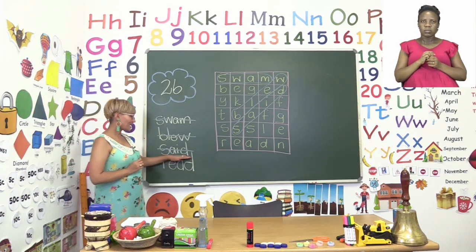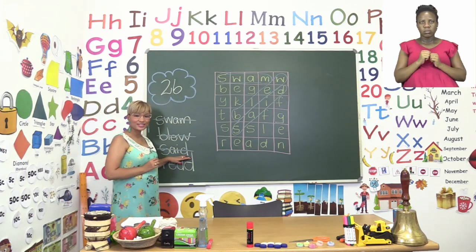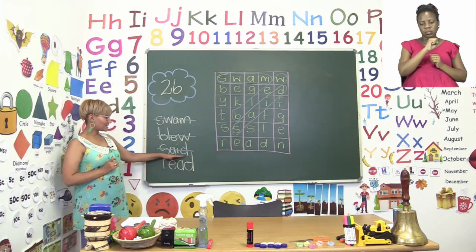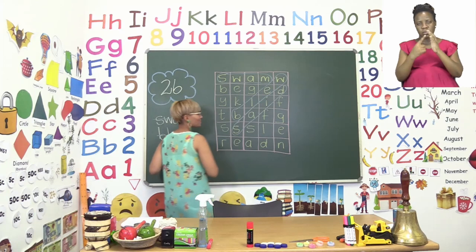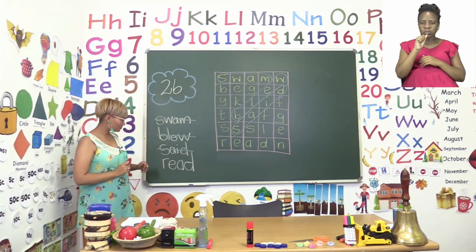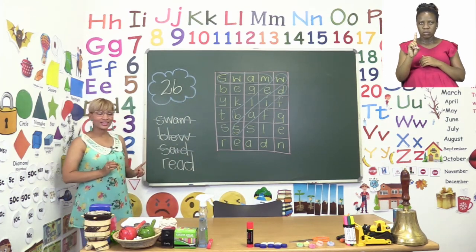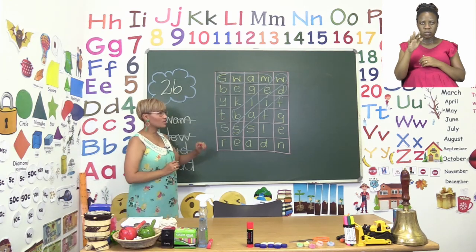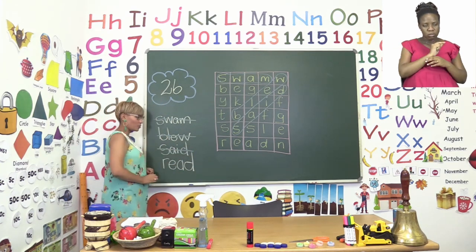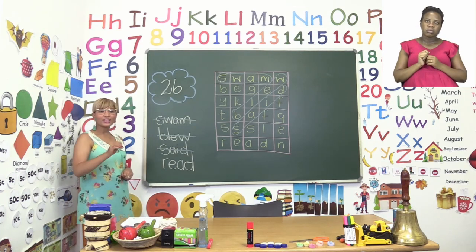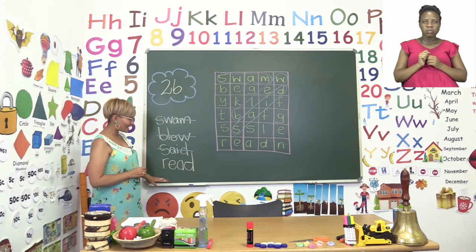Also, the next word is the past tense of say, which is said. And can you see here, we found the word said as well. Now remember, once again, once you find the words in the word search, you must remember to cross it out from your list.